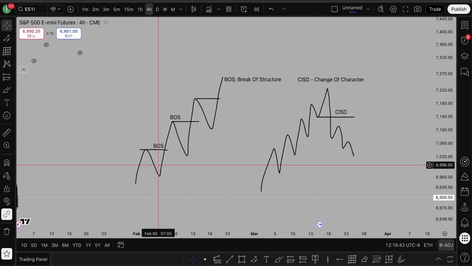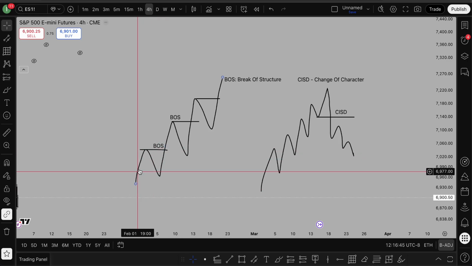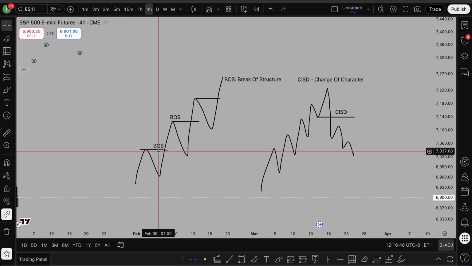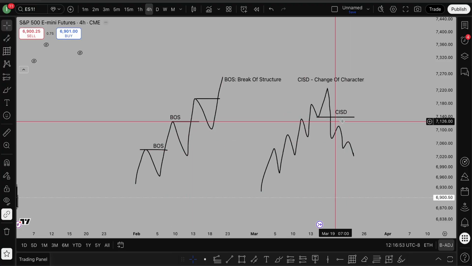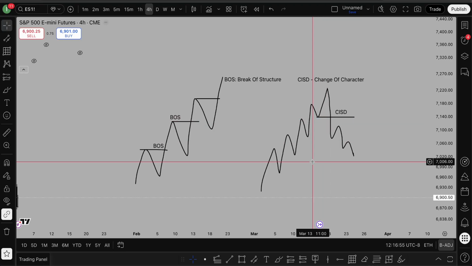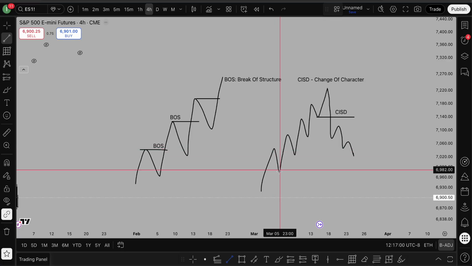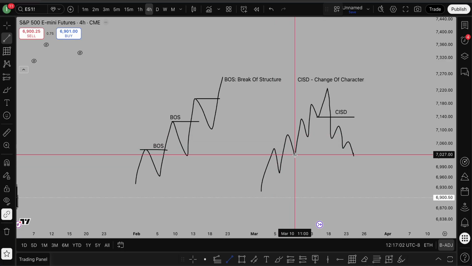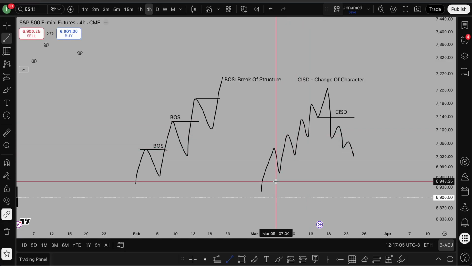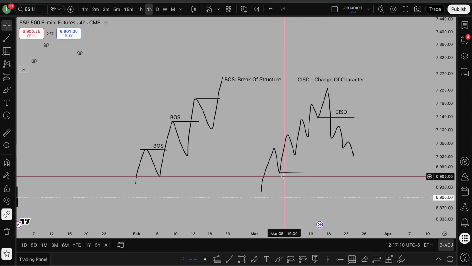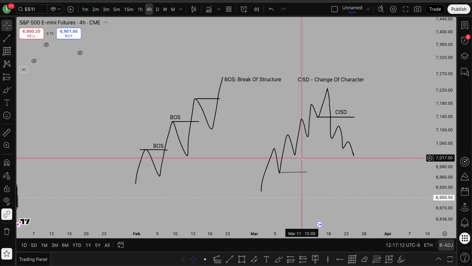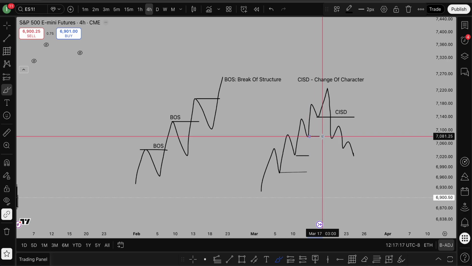When someone says break of structure, you have to think about it like this, right? So we had some structure here and then we broke it, okay? And then we had some structure here and we broke it, okay? Change in the state of delivery means that when we were making these highs, lows, higher high, higher low, higher high, higher low, right? Did we ever come down and break this level? No, we did not, right? We never came back and swept any of these lows, okay?